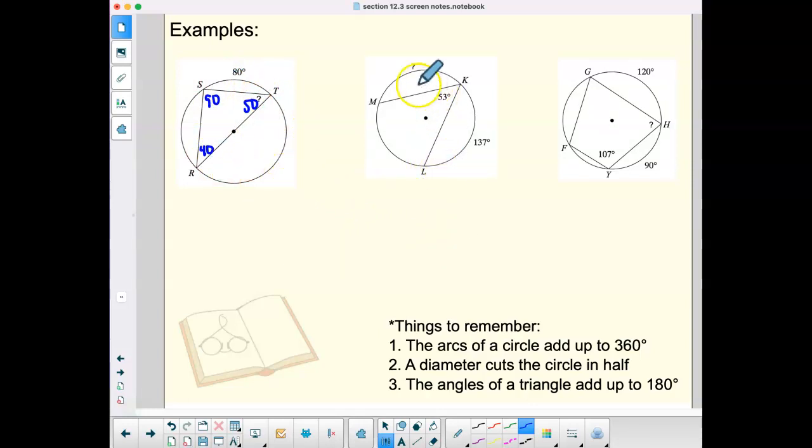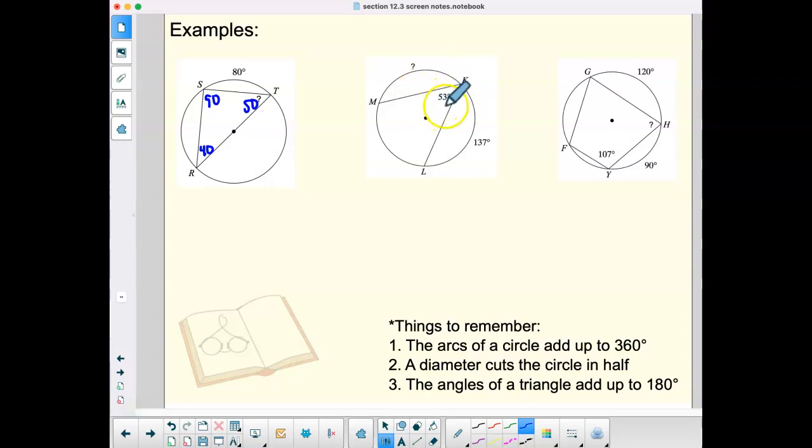Okay. The second one that we're going to look at is we're going to go backwards. I give you an angle and I want you to find the arcs. We remember that the 3 arcs are going to add up to 360. I know this one's 137. If I can figure out what this one is, then I would subtract that from 360 and I would see what's left.